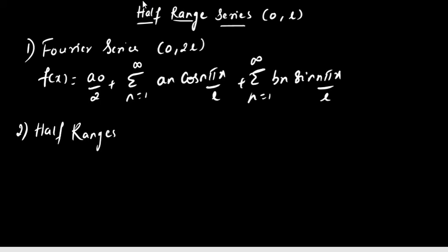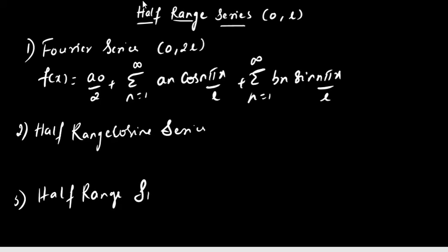Either you can have cosine series or you can have half range sine series. So we have already studied the concept called even and odd function. You can have my previous video link, where cosine stands for even function and sine represents the odd function.